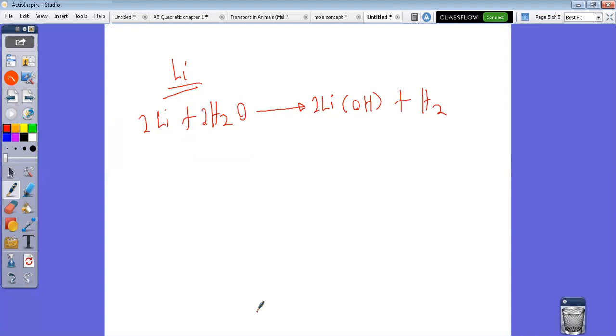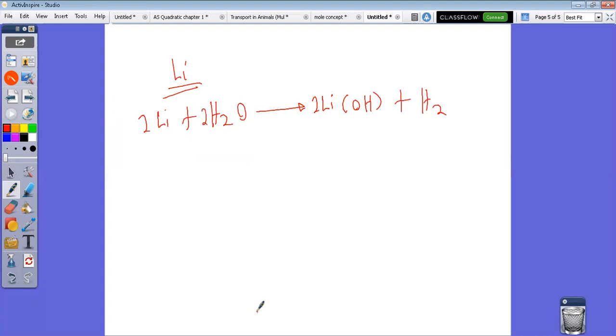The nice thing is that for all group 1 metals, whether it's sodium, you're simply replacing lithium with sodium. It will be the same reaction because it's from the same group. But we need to write notes now, because in chemistry they might ask how the reactions differ.